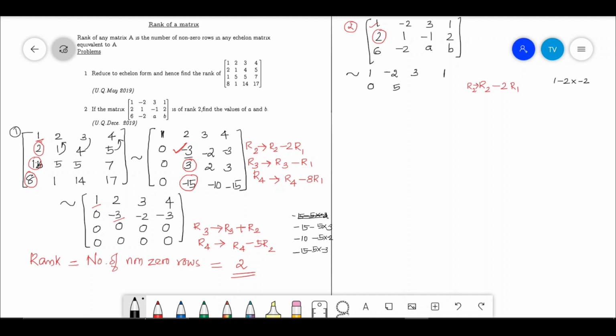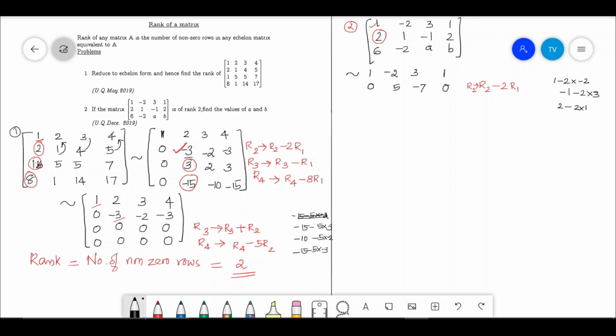Then the second element is minus 1 minus 2 times 3, so minus 1 minus 6, it is minus 7. Then we have 2 minus 2 into 1, it is 2 minus 2, 0.